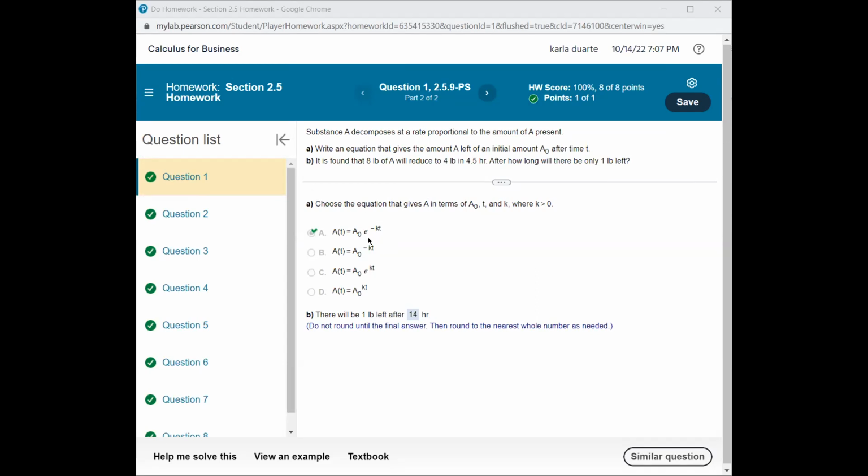Okay, I see. And then it says it is found that 8 pounds of A will reduce to 4 pounds in 4.5 hours. After how long will there only be 1 pound left? So in this case, this is a two-step scenario, and we worked on some of these the other day.